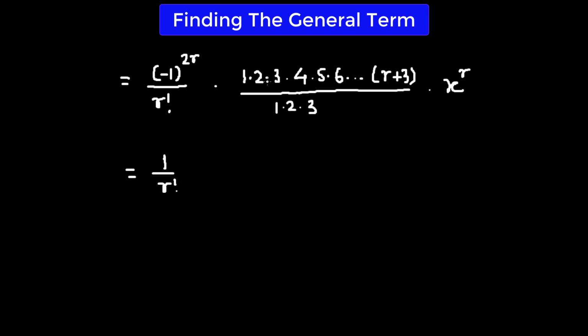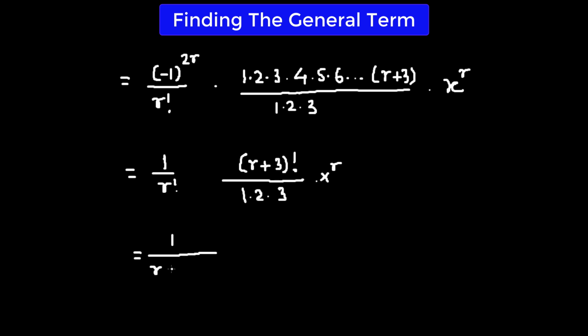Now 1 times 2 times 3 all the way up to r plus 3 is simply r plus 3 factorial divided by 1, 2, 3 times x raised to the power of r. Now 1 over r factorial can be broken down, no, I'm going to leave it as r factorial.